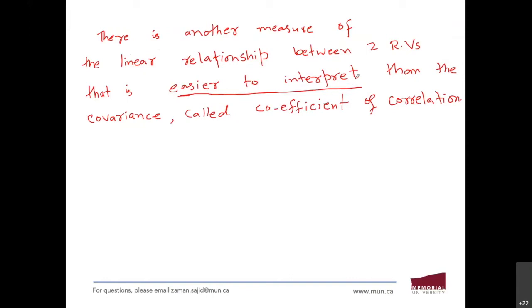Now we have two terms here. One is called covariance, the other is called the coefficient of correlation, or correlation sometimes. What is the difference between them?